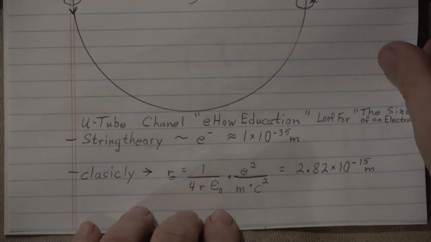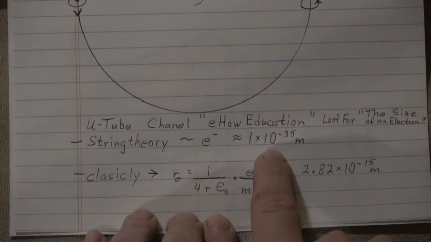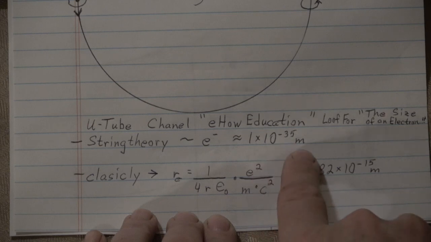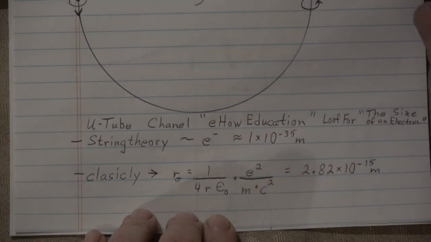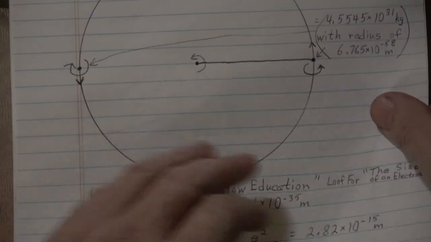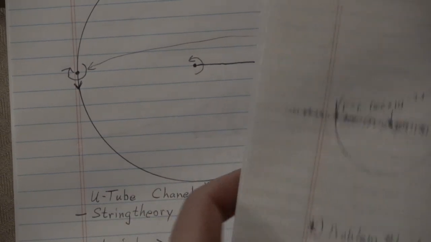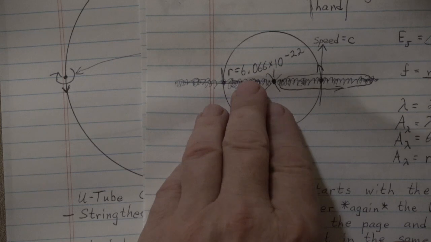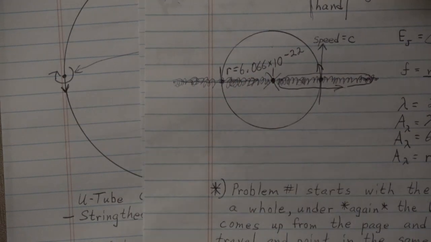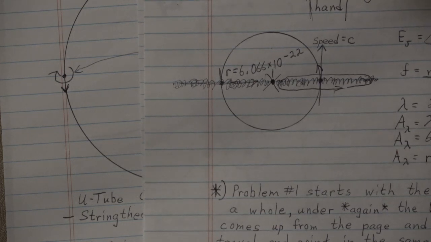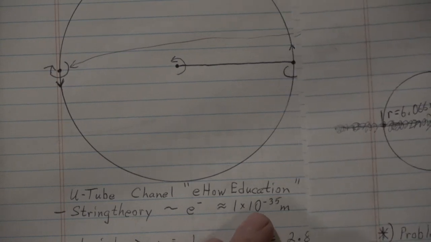And he gives the string theory value being 1 times 10 to the minus 35, that being from here to here, whereas my size, and I didn't write that down, and I should have, the radius was 6.066 times 10 to the minus 22, so the diameter is about 1.2 times 10 to the minus 21. So you can see that the numbers are quite a bit different.